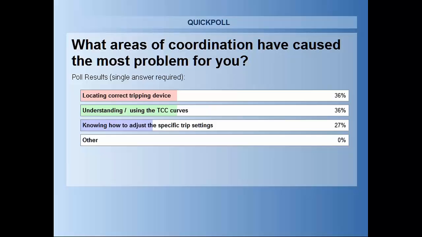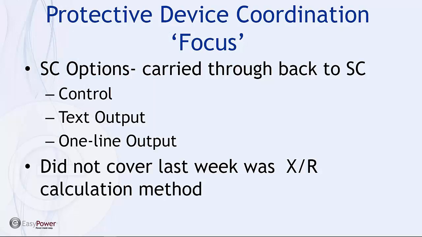All right, so let's jump into this. What I'd like to touch on briefly is a topic that's actually part of the short circuit options discussion, and I neglected to touch on this last week.